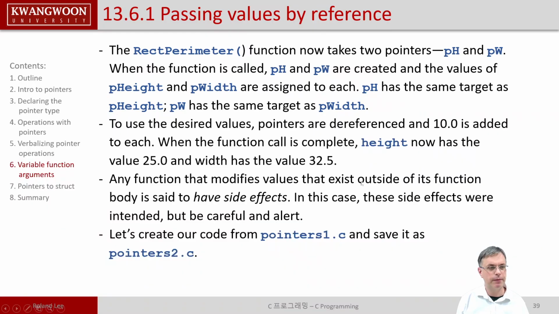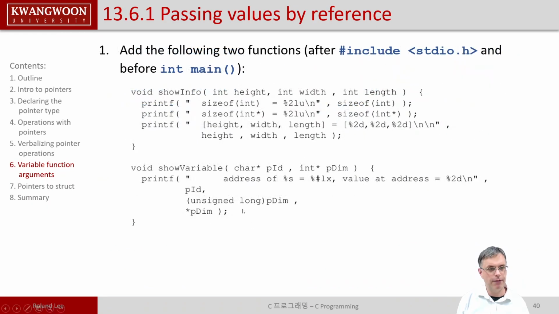Then let's see the next one too. Here we have void show_variable and char *pid, and let's do it.